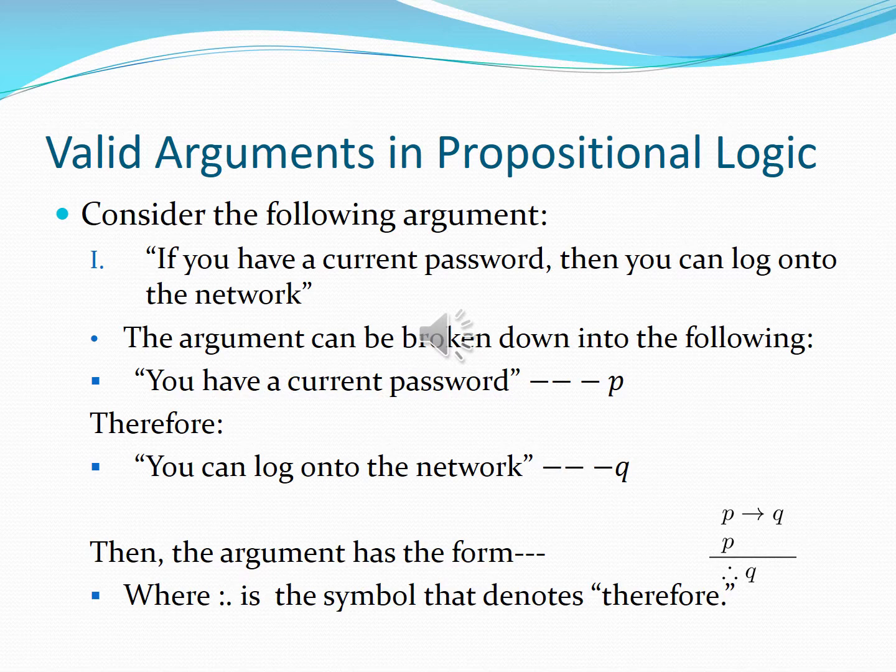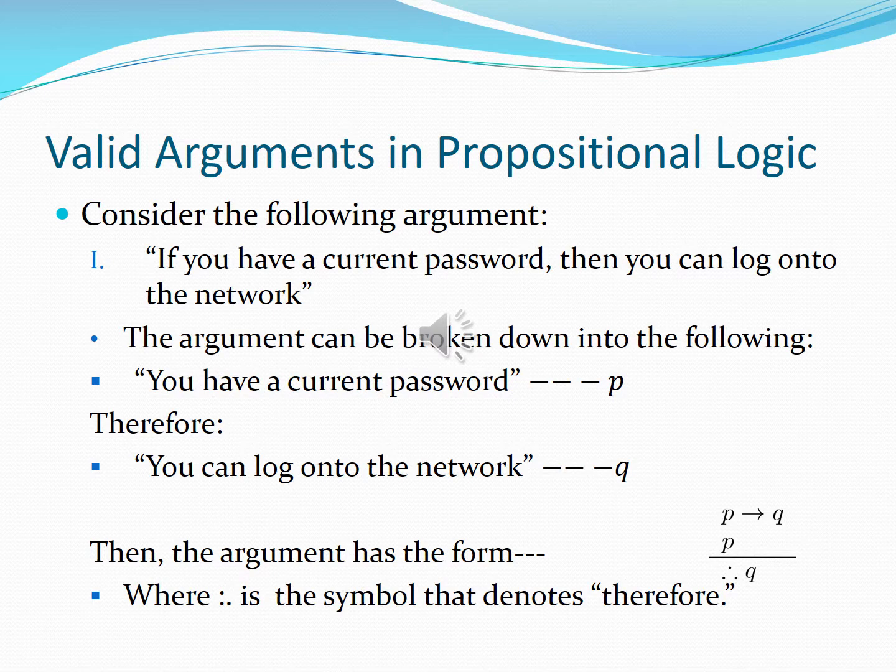Valid arguments in propositional logic. Consider the following argument. If you have a current password, then you can log onto the network. The argument can be broken down into the following. You have a current password. Let's call that premise P. Therefore, you can log onto the network.